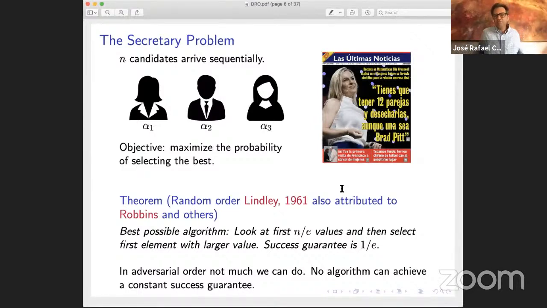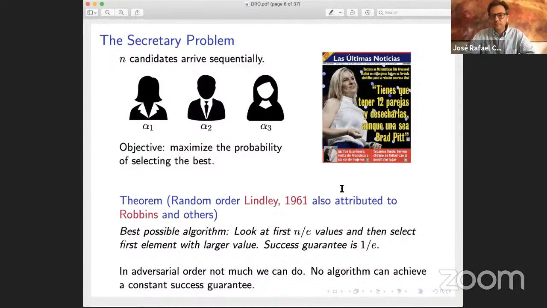Okay, so this problem is, I guess, very well known. The solution of this problem has been known since the 50s, actually, and the first published paper about this is from 61. But it's actually unclear who was the first person to solve the problem. Many people attribute it to Robbins, who was a professor at Columbia in statistics in the 50s. And the best possible algorithm is very simple.